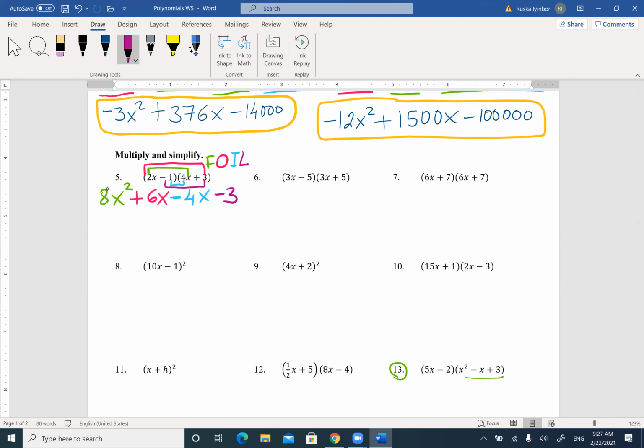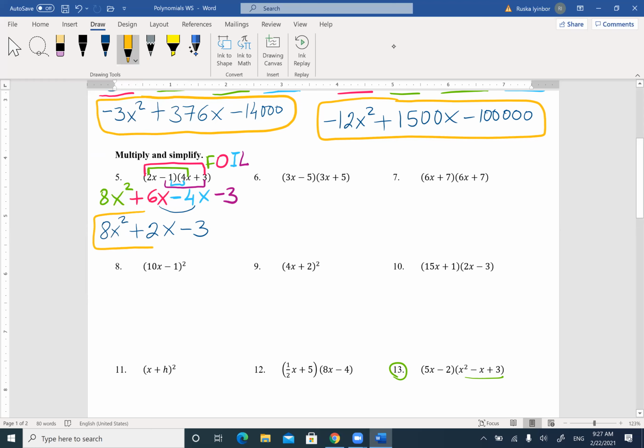And then from here, we're just going to combine these two like terms because these are the x's only. And you just copy everything else. So I'm going to copy 8x squared. And then 6x minus 4x is positive 2x. And then bring down the minus 3. Okay? So this is how you do FOIL.